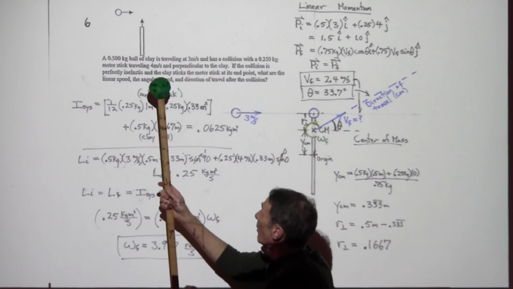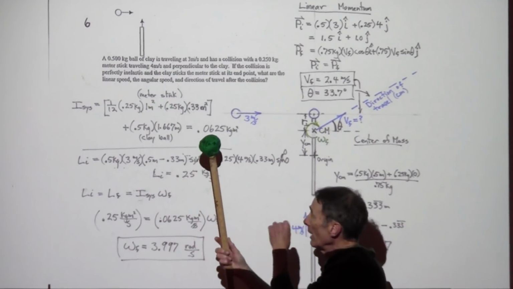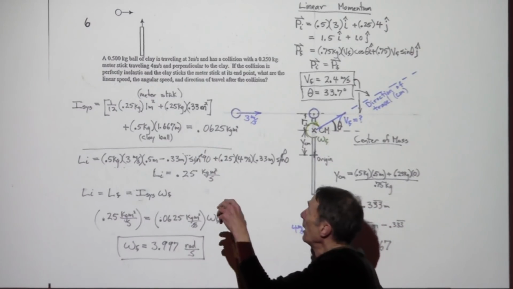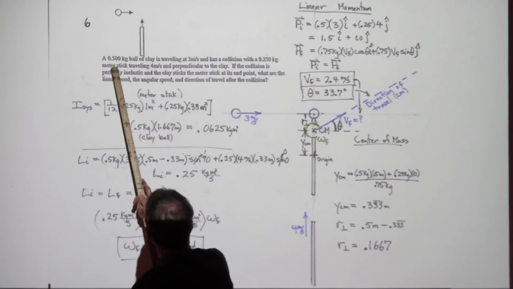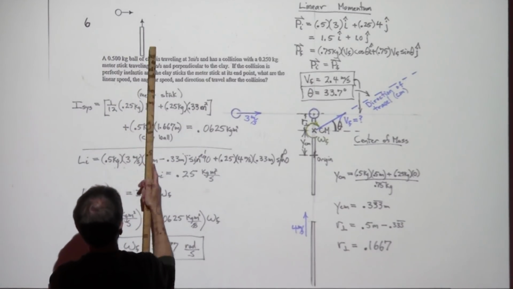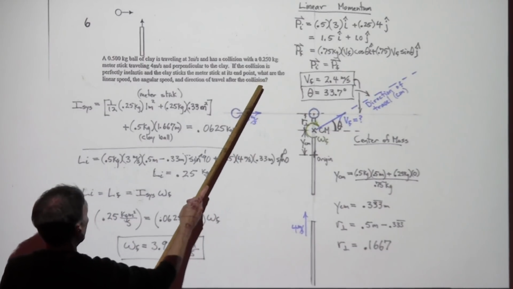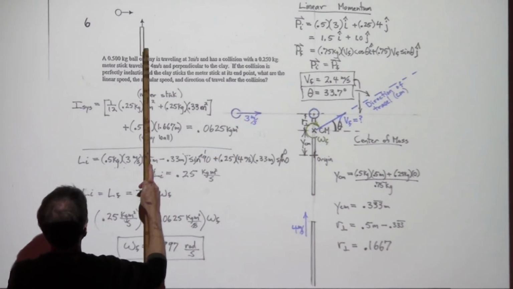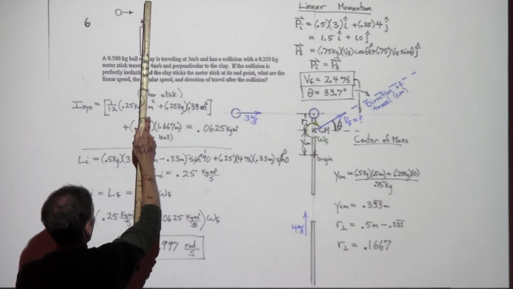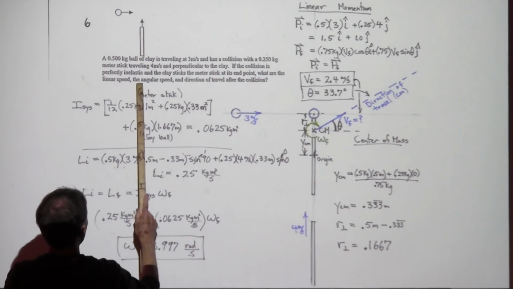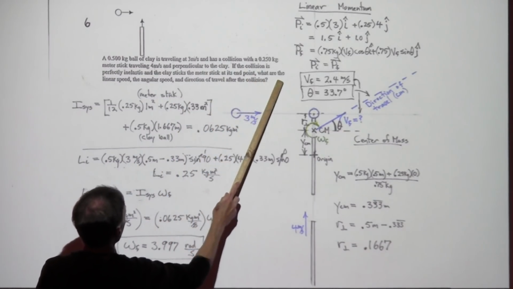Now, there's a lot going on here, and we're going to break it down into linear motion and rotational motion. So let's say we've got the clay ball, 0.5 kilograms of clay, traveling 3 meters per second this way, and has a collision with a 0.25 kilogram meter stick traveling 4 meters per second perpendicular, and the collision is perfectly inelastic, so the clay sticks to the meter stick at one end.